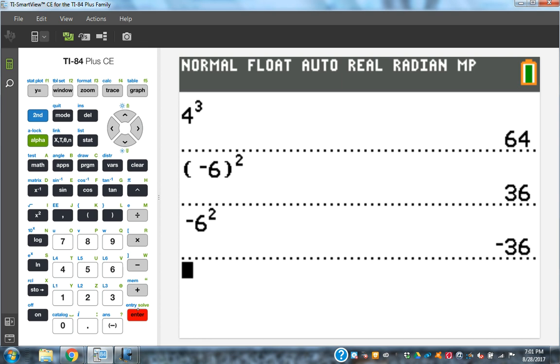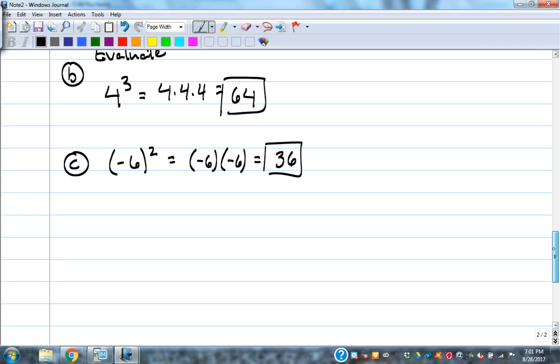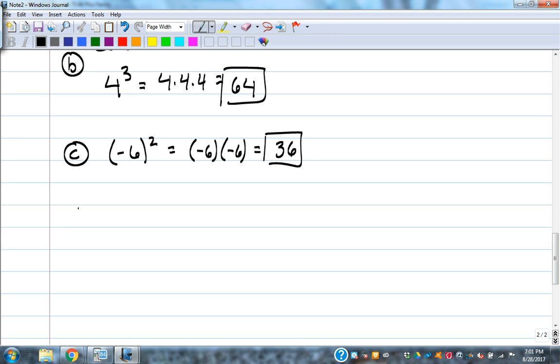Not the way you intended for it to do it, but that's the way the calculator reads it. It's a machine. It doesn't know anything except for what you type in. It's not intuitive as far as knowing what you meant. It just knows what you did. So be careful of that. Very careful of that. So many people miss problems on the first quiz, the first test, because they didn't type it in the calculator correctly.